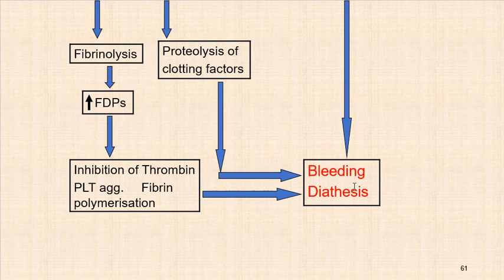So, two important things. One, the formation of small thrombi within small vessels throughout the body, and secondly, there occurs a tendency towards excessive abnormal bleeding, that is bleeding diathesis.